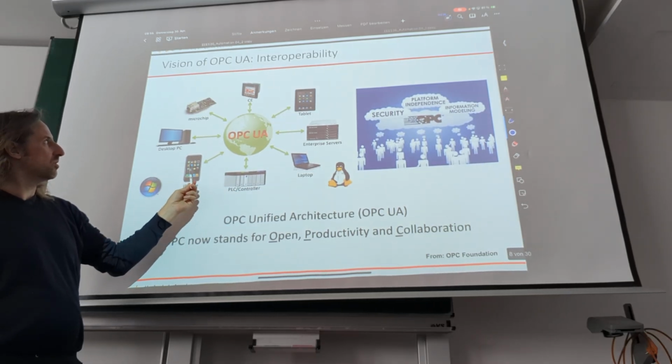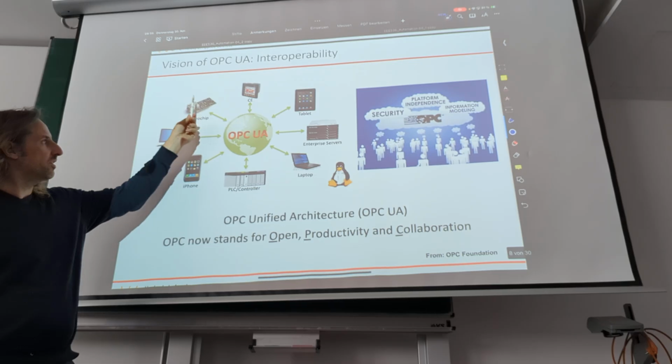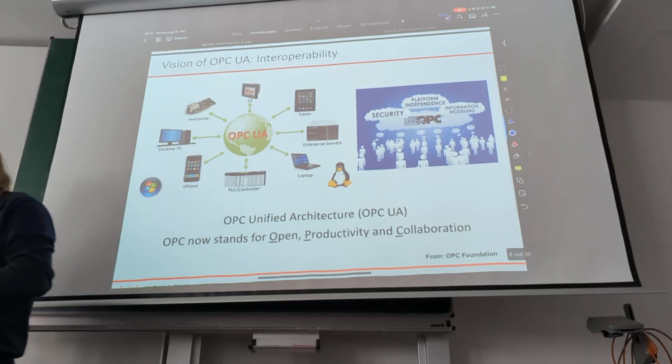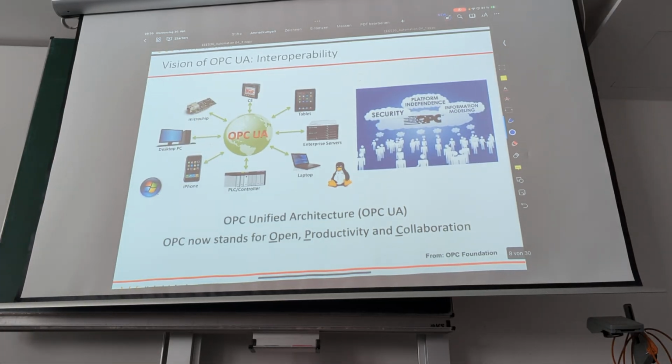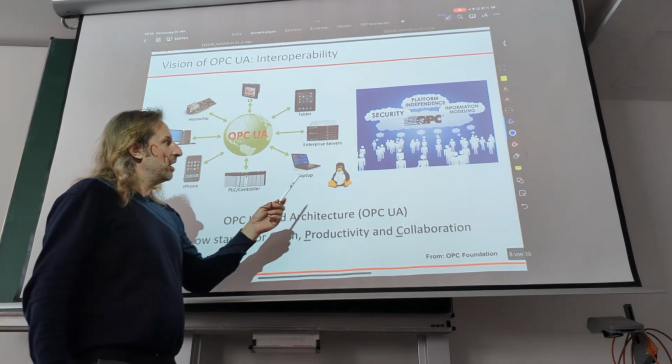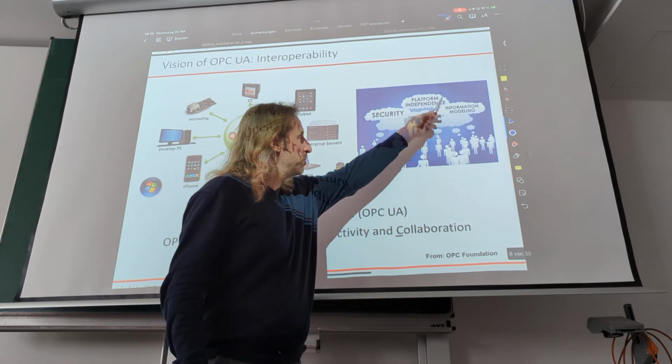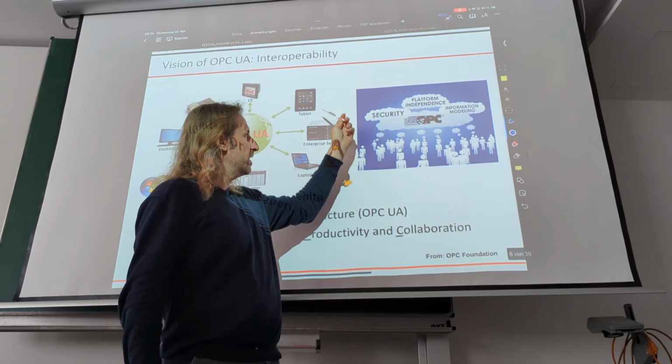But we also wanted to work on phones, and also very small devices. So by now, you can work on devices that have just a few kilobytes of RAM and up to very large mainframes. And then we have this internet, so that was platform independence to work on all that.